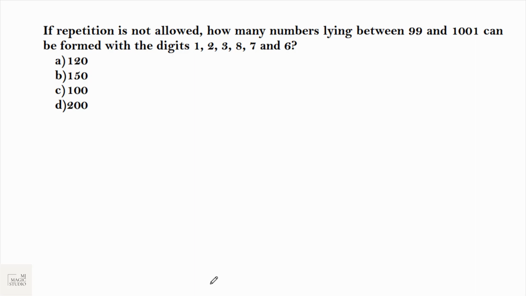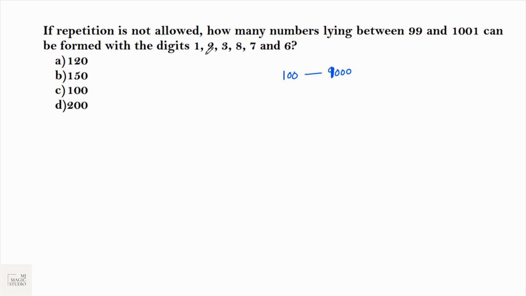Okay, I said 4 questions should be there from permutation, combination and probability. Let's check this out. If repetition is not allowed, how many numbers lying between 99 and 1001, that means 3 digit numbers basically, can be formed with the digits 1, 2, 3, 8, 7, 6?